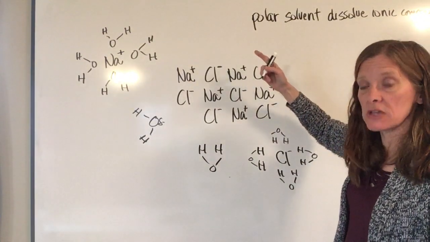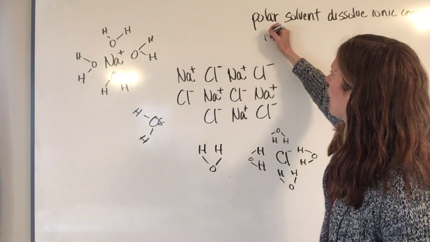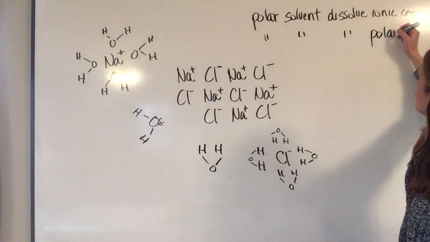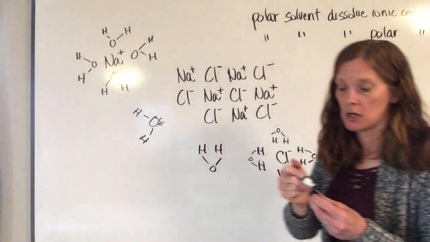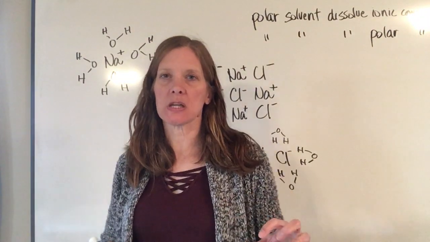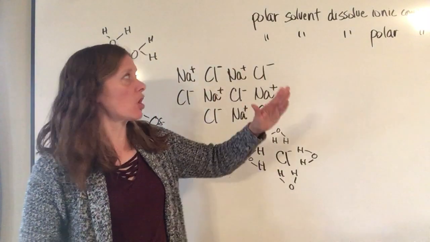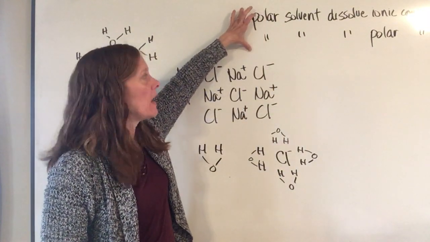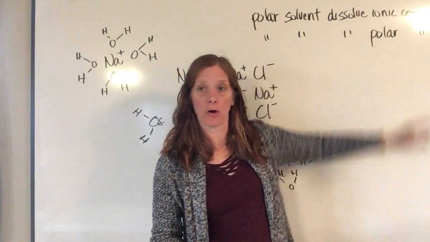Other polar things are also going to have charges on them. I may have a polar solvent that's going to dissolve another polar compound. So a lot of times in chemistry, we say that like dissolves like. So since polar things have partial charges on them, they're going to dissolve other things that have partial charges on them.